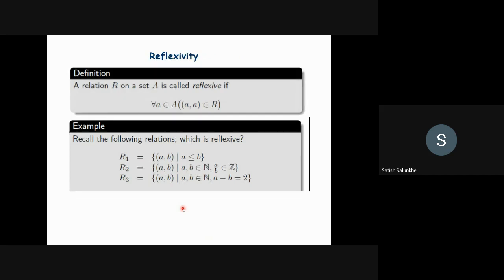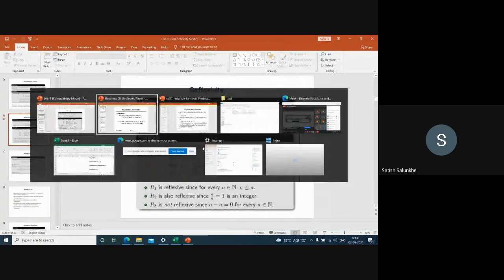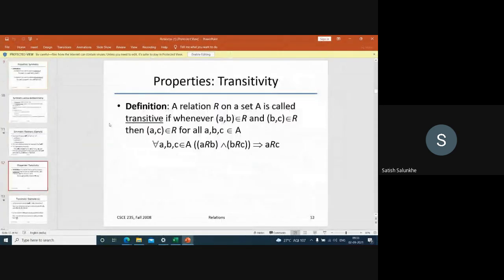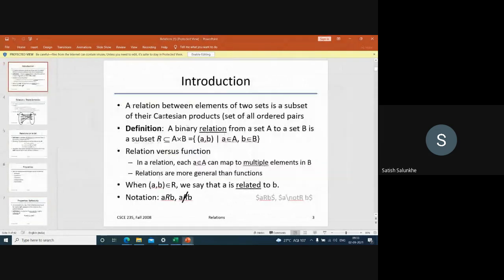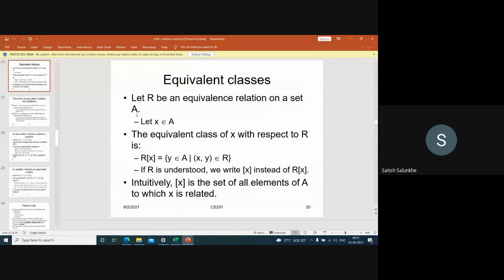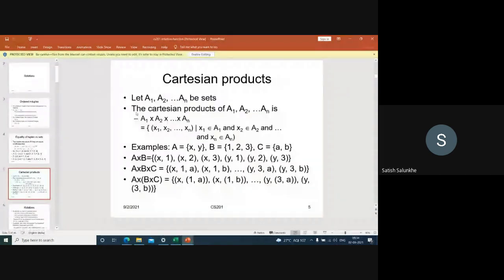Okay, before continuing this, let me check whether I do have an example. Yeah, so let us take some example to understand.